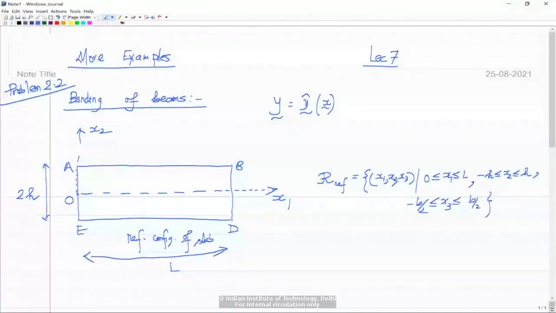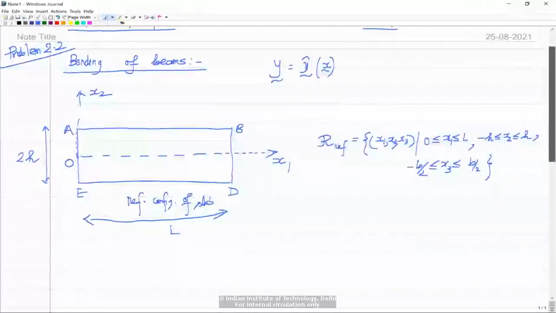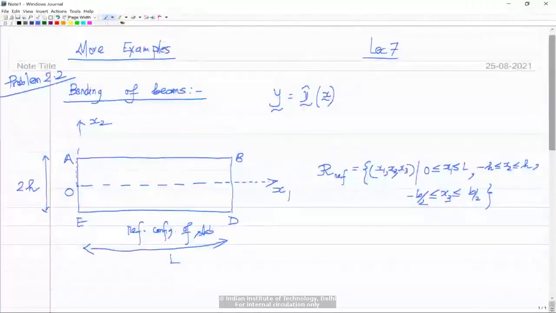Okay, so that's a reference configuration, and we want to bend it. All of you know that when you bend a beam, for example, it bends into a circle, isn't it? So for example, it could occupy the picture that I will just show you.